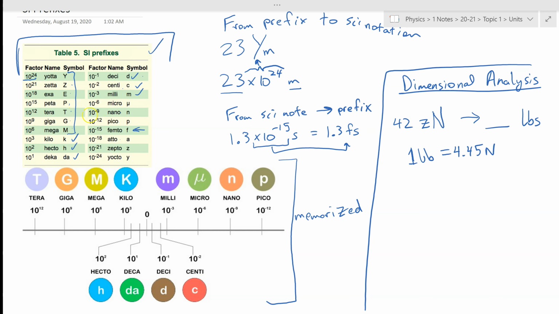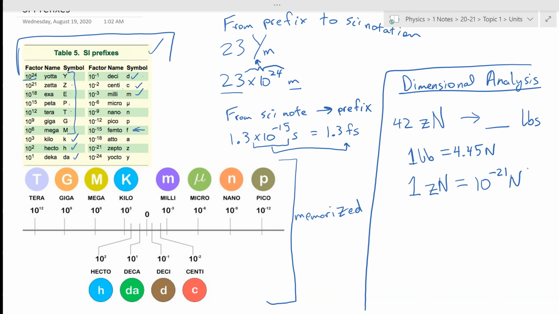Those numbers usually you'll either remember or you can easily find on this table. So the way to use that is you say 1 zepto Newton equals, and then write whatever that power of 10 over there is, 10 to the negative 21 newtons.